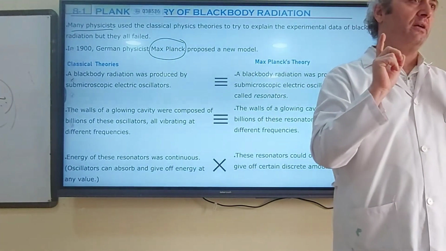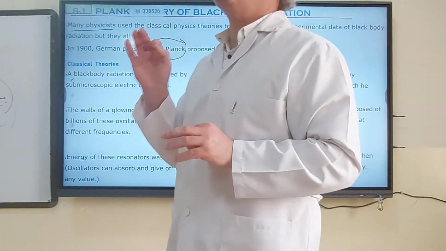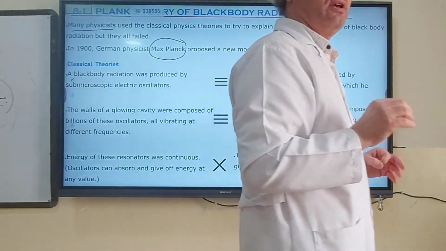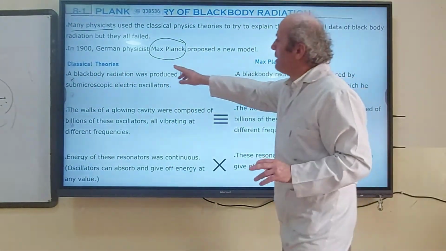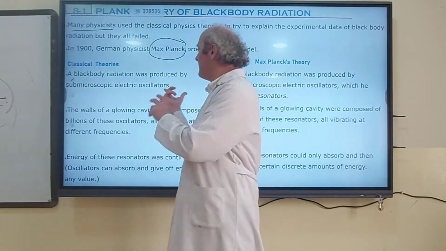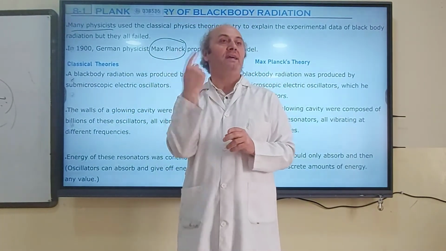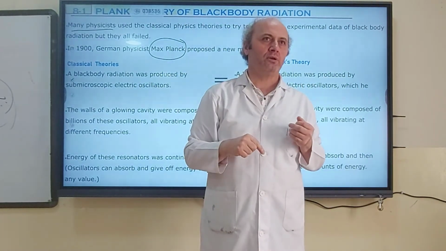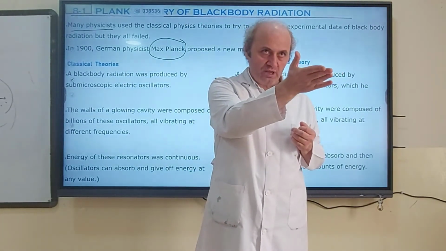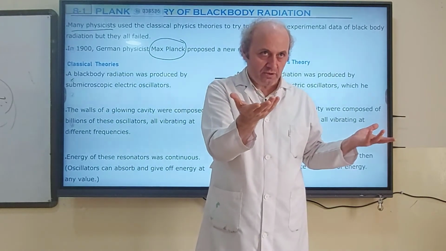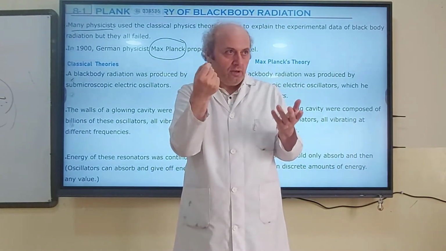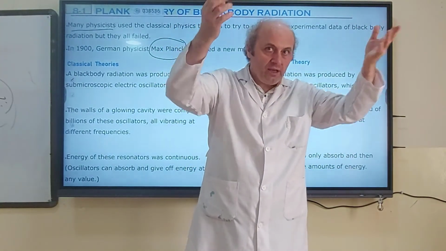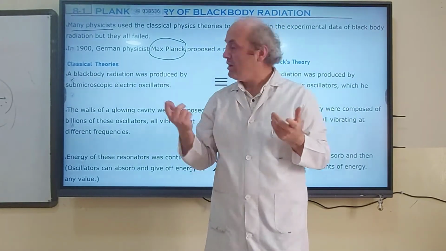Every oscillator vibrates at a specific frequency. They are vibrating and emitting light at the frequency of their vibration. You remember simple harmonic motion? Every vibration has a frequency. So these oscillators will emit light in their vibrations.